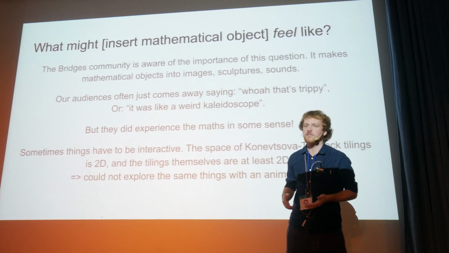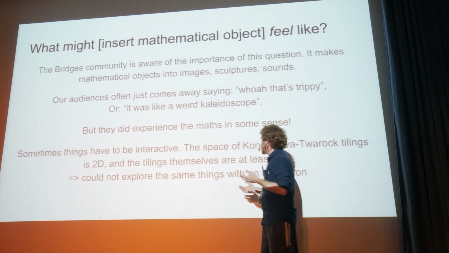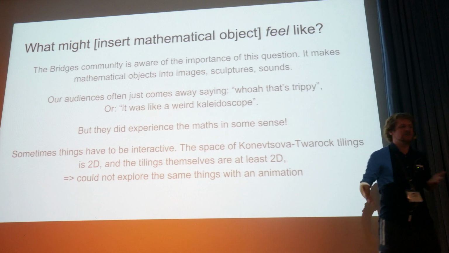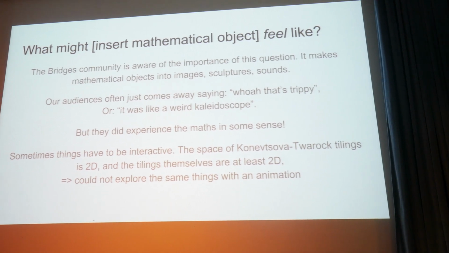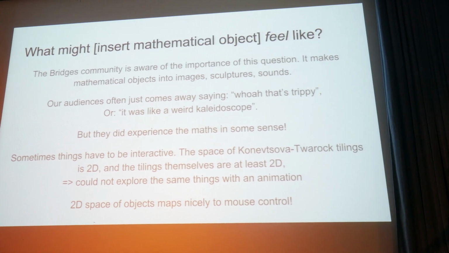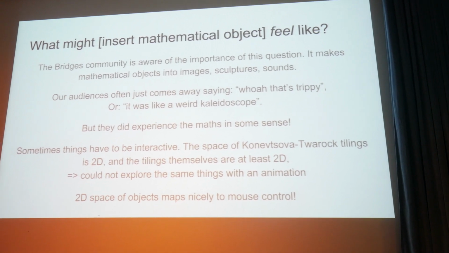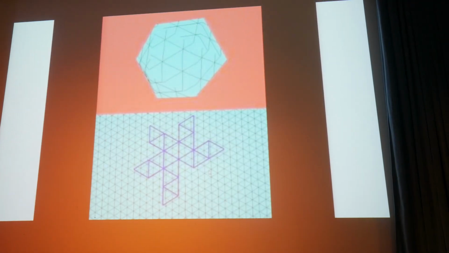But if I were to do that, then you wouldn't see all of them. You can't do it as an animation. You have to give people the ability to explore. And a 2D space maps nicely to mouse control. That's the long view of this project here.